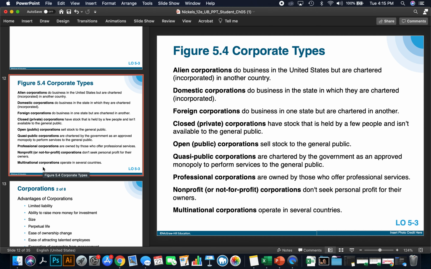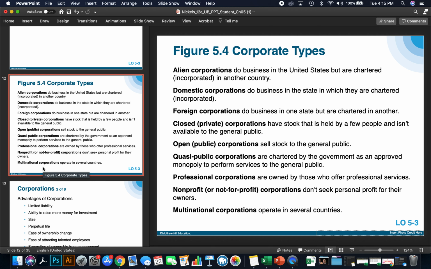Closed or private corporations have stock that is held by a few people and isn't available to the general public. Open public corporations sell stock to the general public, and you'll see these in initial public stock offerings, or IPOs.